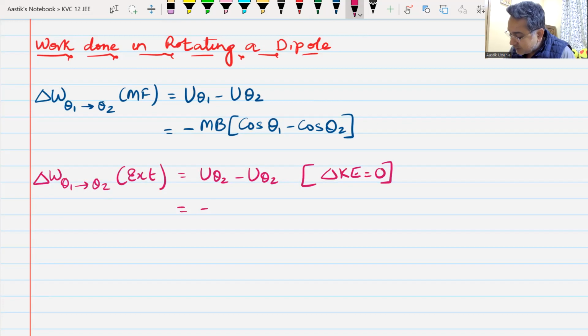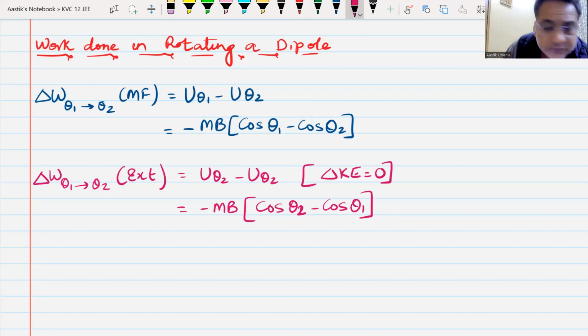This will become minus MB into cos of theta 2 minus cos of theta 1. Do we understand this? You have written theta 2, I have written it wrongly, this would be theta 2 minus theta 1. Okay? I'll give you 2 minutes to note it down.